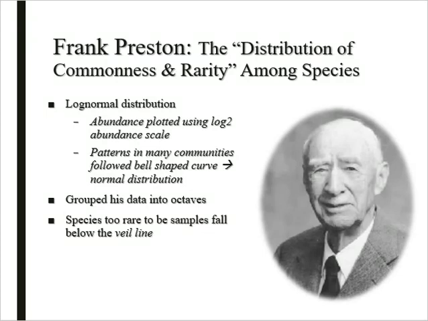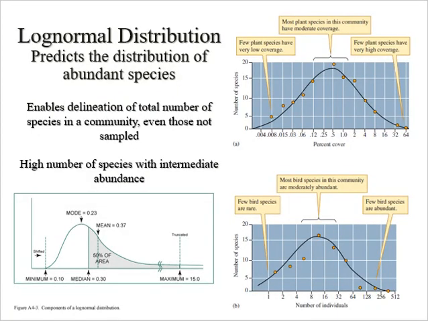And there are other mathematical models that are used, but that's the most frequent. Other models include log series and geometric series, but again, the log-normal distribution is the primary one that is utilized for plotting out abundance values for species in a community.